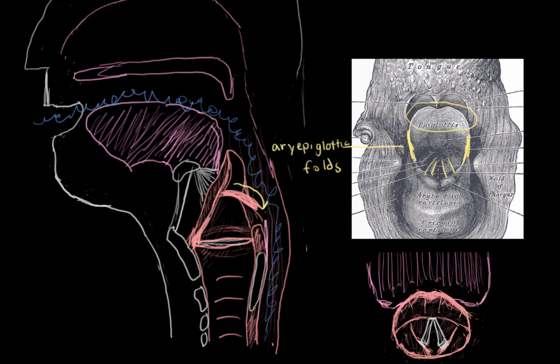The reason it's named the epiglottic folds is because it goes down to where the arytenoid cartilage is, which is what I'm circling right here. I point this out because the arytenoid cartilage actually controls the closure of the vocal cords themselves, to add extra protection for the airway.